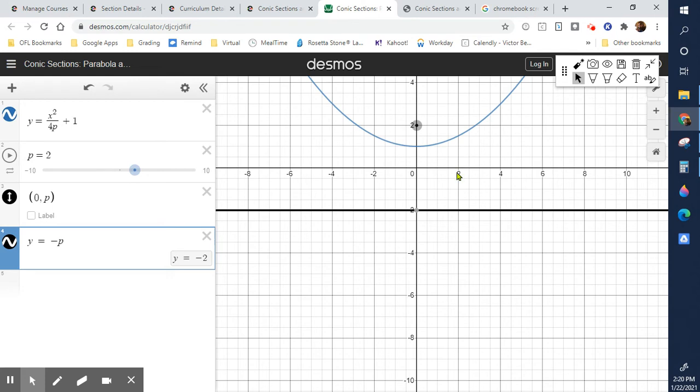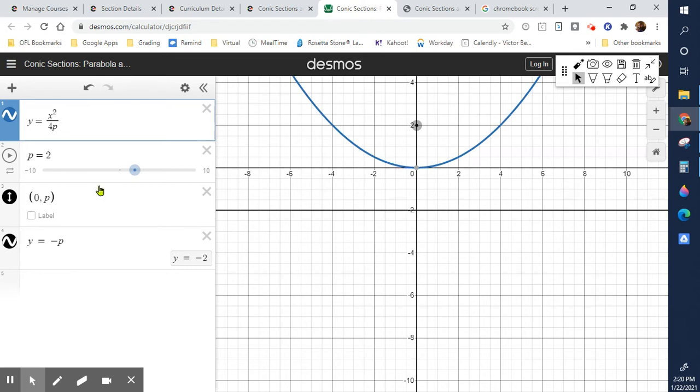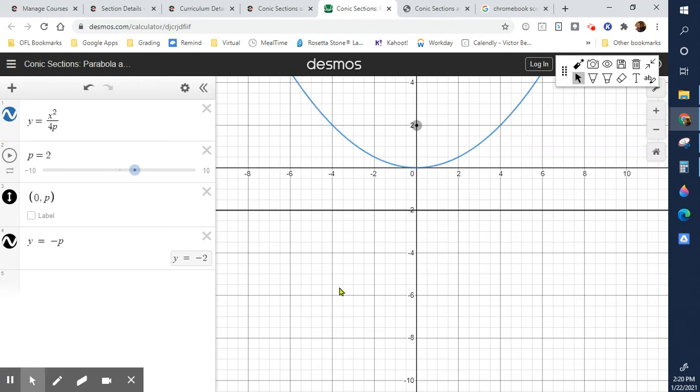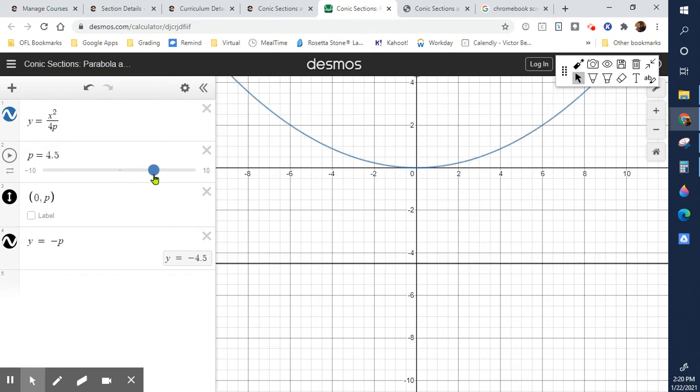We'll see. So this from here to here is 1. Still not working. The distance from here to here should be 2. So let's take a look here to see what's going on. What can I do to move this up? So this makes sense so far. Moving this moves the focus.